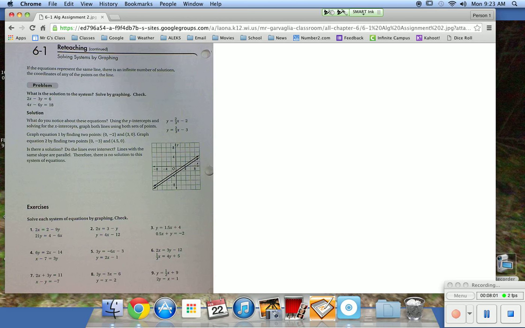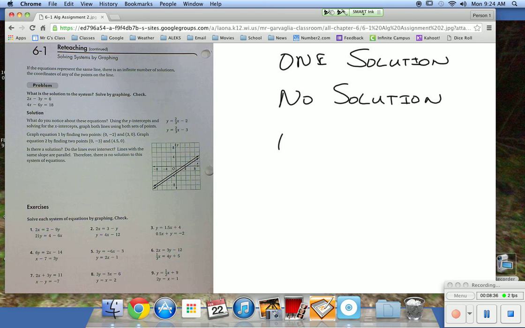So what you have are different systems of equations here. You're going to graph them and find a solution. You're going to find they're parallel, so there's no solution, or you're going to find they're the same line, and then there's infinite solutions. So you have one solution, no solution, or infinite solutions.